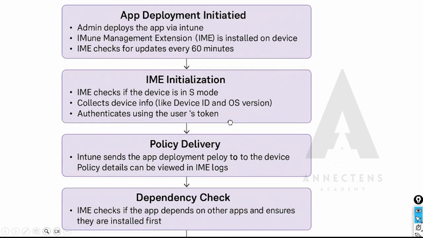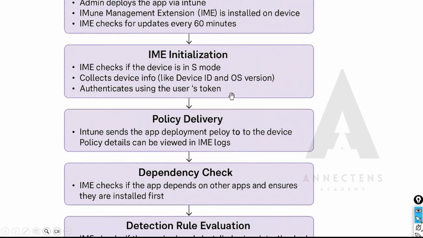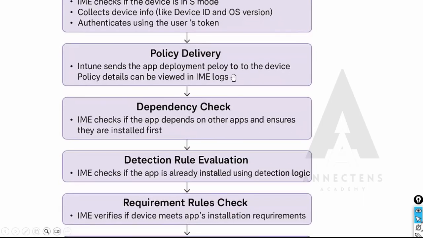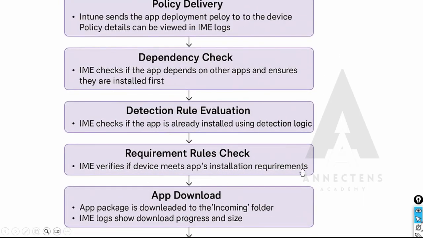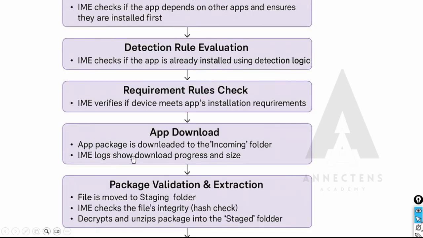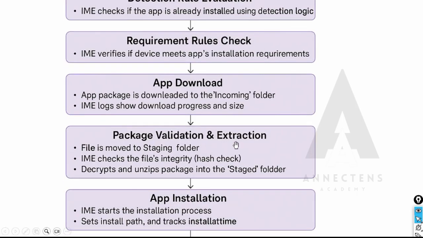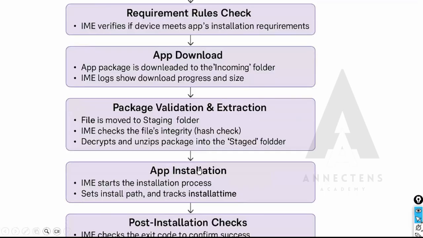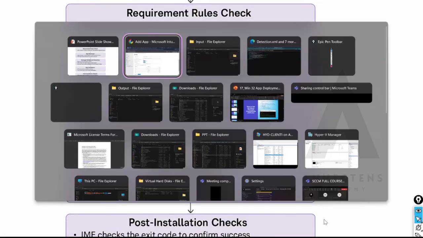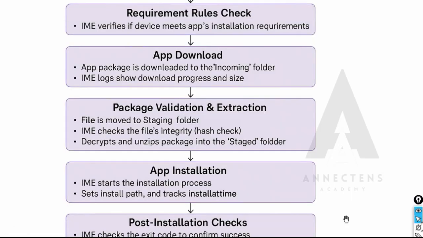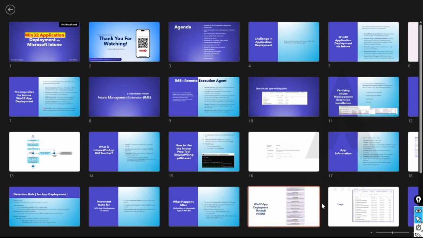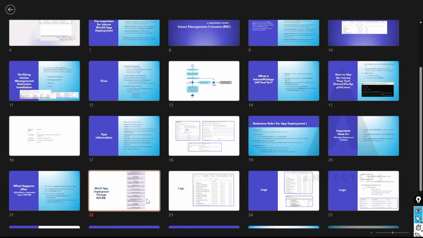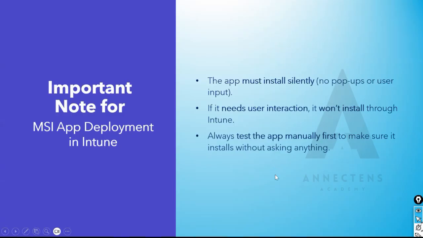It goes with silent mode and then checks the dependence on other applications. That's fine. The device meets the application requirement, the application package coming in Intune. I think it's here or somewhere. I had shown you yesterday, right? I think yeah, here it is.